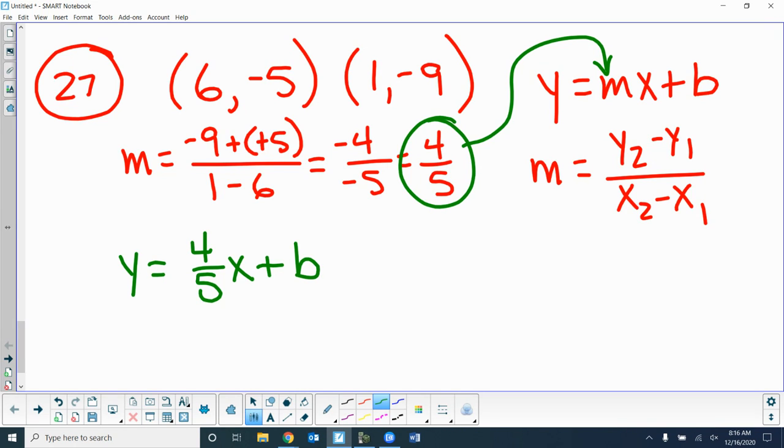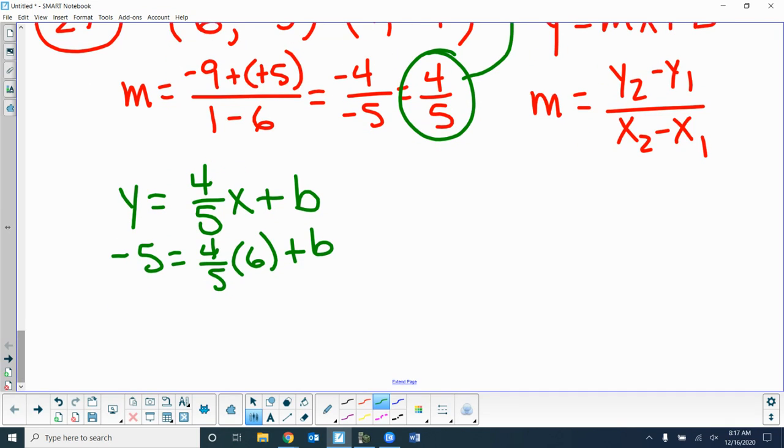Okay? So I'm going to use the (6, -5). Okay? So -5 is my y, and 6 is my x. And then I'm just going to solve for b. 4/5 times 6 is 24/5. I just did 6 times 4.